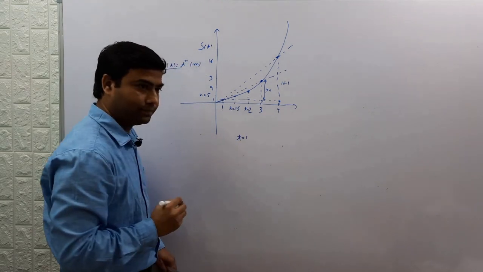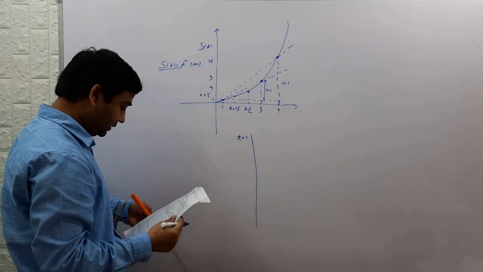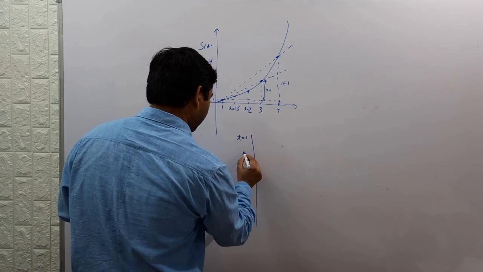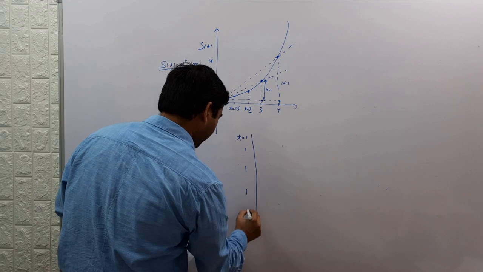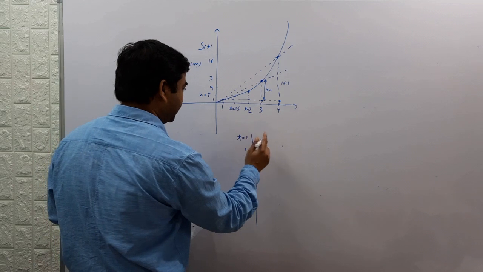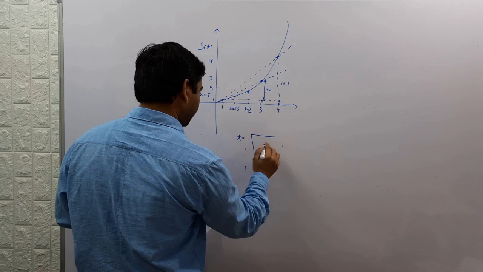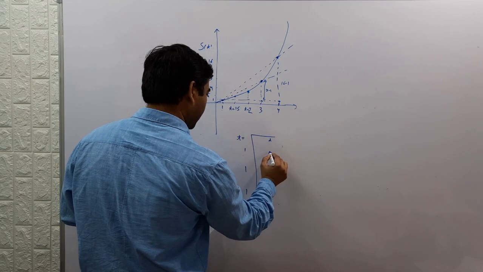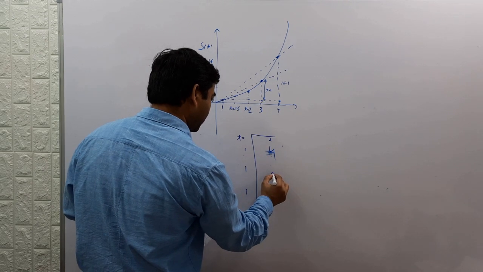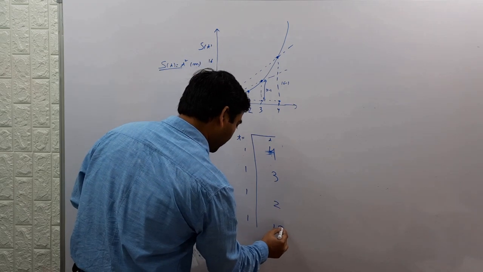T equal to 1, and this is 1, 1, 1, 1. And the second point t is equal to 4, 3, 2 and 1.5.